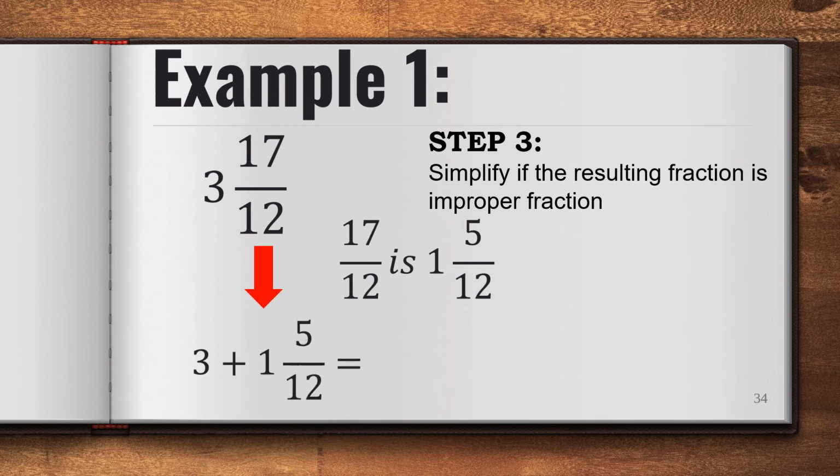So doing that, we will be having 3 plus 1 and 5 over 12. 1 and 5 over 12 is the equivalent mixed fraction of 17 over 12. So combining 3 and 1, we will be having 4 and 5 over 12 as our final answer. I hope that you can follow, dear learners. Let us continue.